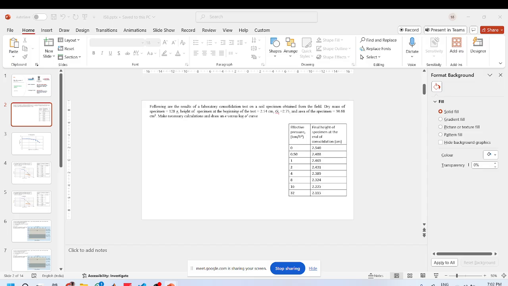So we have been given your sample has a height of 2.4 centimeter, then you have a diameter of 6.25 centimeter.